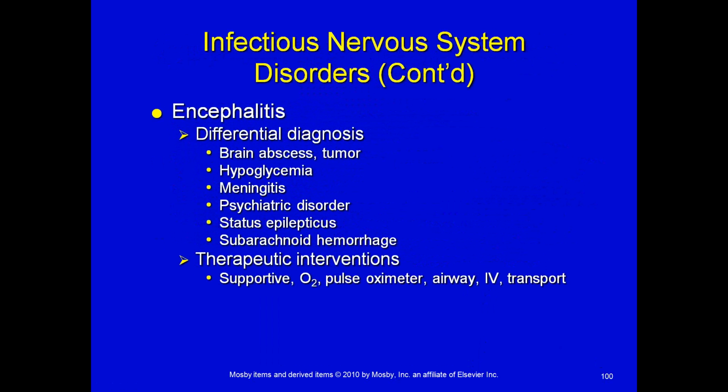Those could all be mistaken for encephalitis. Your therapeutic interventions and the treatment is supportive with your personal protective equipment. Oxygen is necessary. Airway management is necessary. Establish an IV and transport.